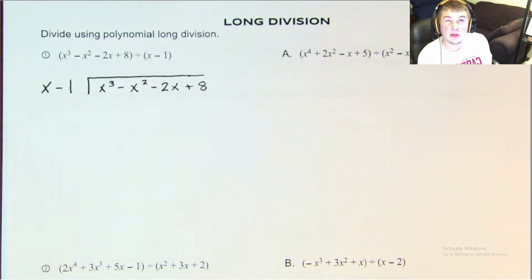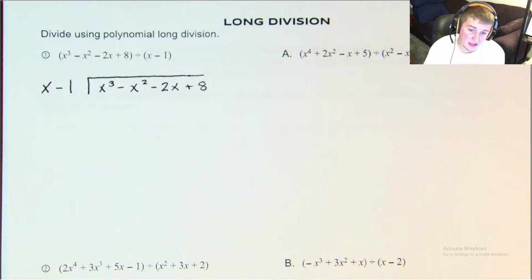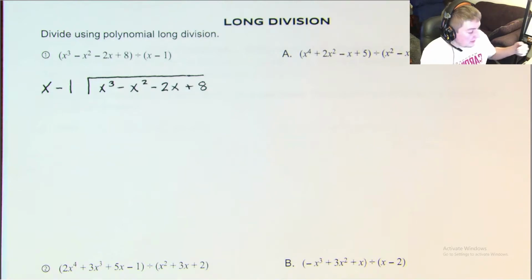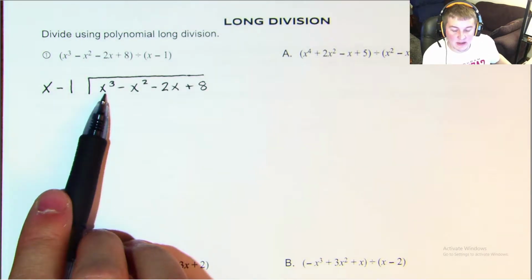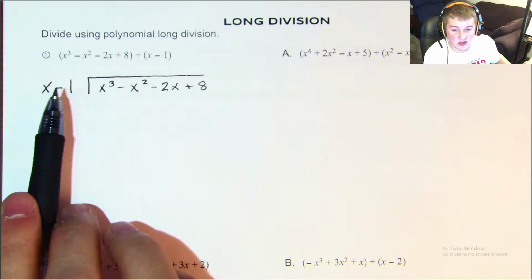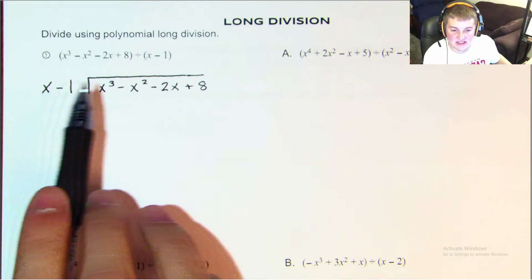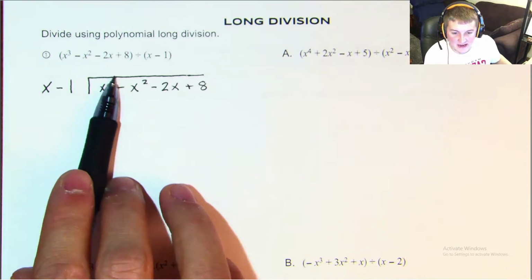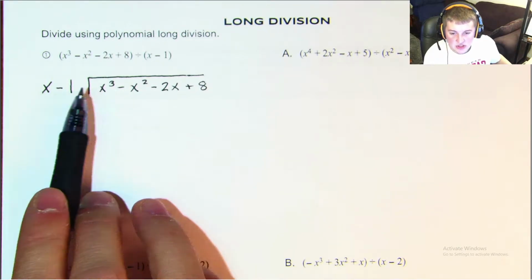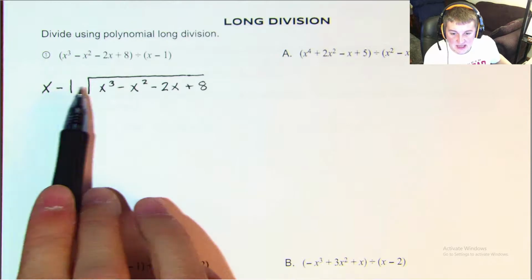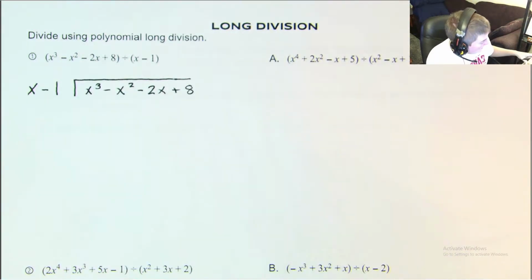A typical answer would be 3, but if I multiplied x by 3, I would get 3x, and that's not what I have here. I have x to the third power. If I go x times x, I'll get x to the second power, but I need another x to get me to the third power. So what I need to multiply x by to get x to the third is x squared.